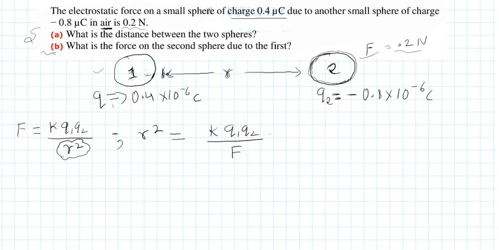We have to put the values of k and charges, magnitude of charges, and the magnitude of the force. Here our medium is air, so k will be 9 into 10 the power 9. The magnitude of the first charge is 0.4 into 10 the power minus 6, and the magnitude of the second charge will be 0.8 into 10 the power minus 6.